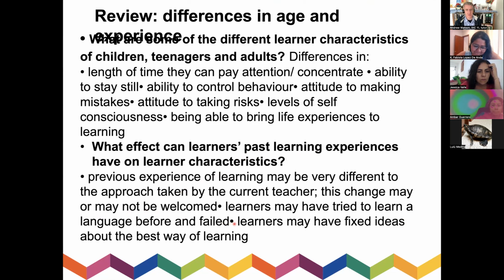Some learners may have tried to learn a language before and failed, more of a characteristic of adults, right? So they have fear of failure. Yeah, they're sure that they're going to fail. Learners may have fixed ideas about the best way of learning. Again, that could be adults, couldn't it? Whereas children tend not to be so fixed about what is the best way of learning.